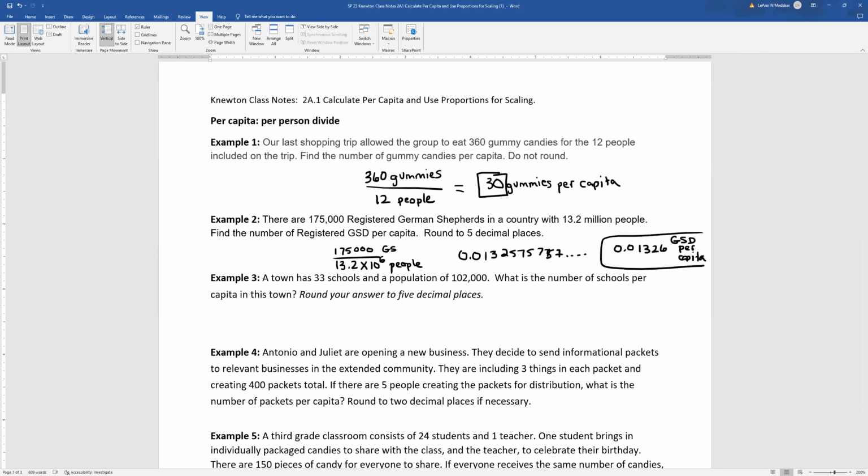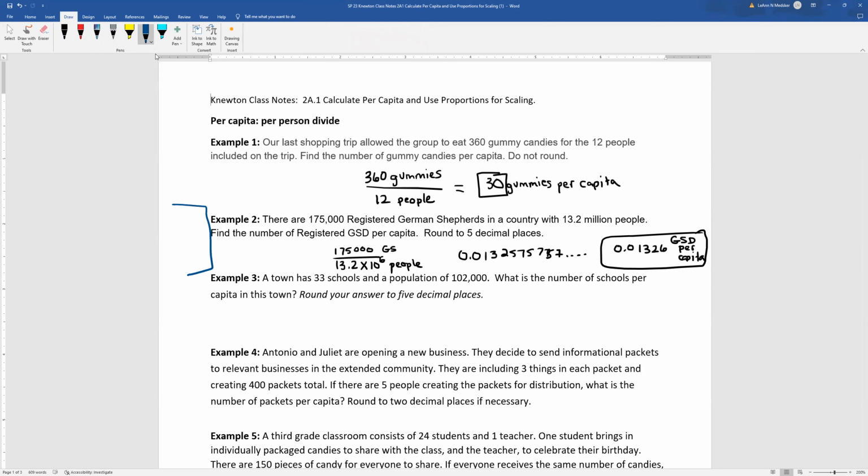Now, that seems a very weird answer to give. That's what they wanted us to do, but that's not even a whole dog. So something you can do, since this is per person, I'm just going to write this over to the side. This is not how they wanted the answer, but just so you have a little frame of reference of things you can do to something like this. This is a little extra information.